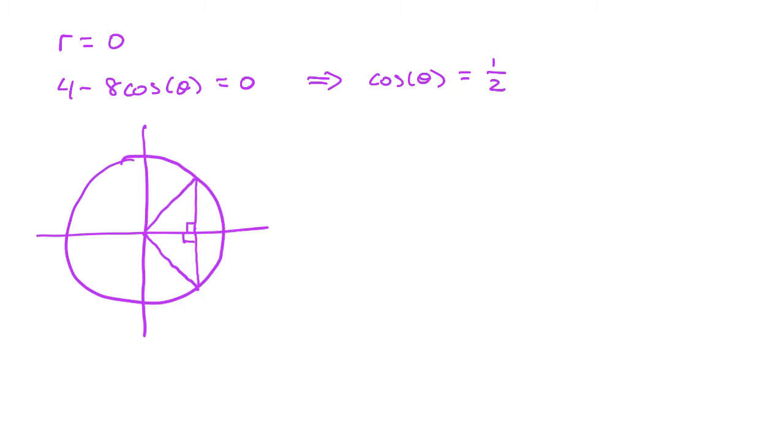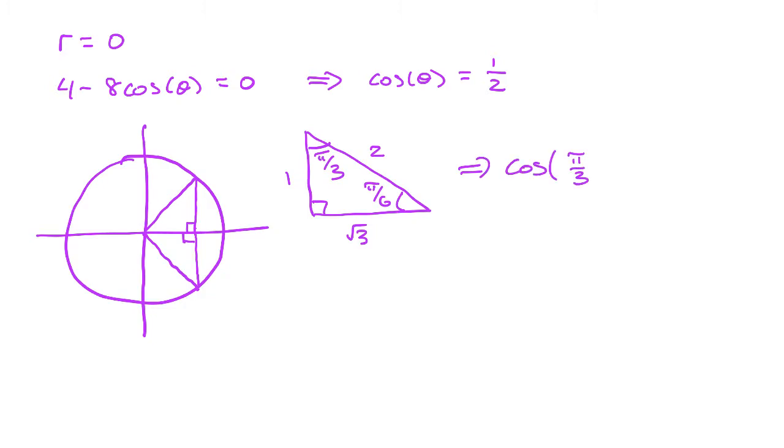For quadrant 1, we can think about our exact value triangles with pi over 6 and pi over 3, 1, 2, root 3. So cosine being 1/2 is at pi over 3.